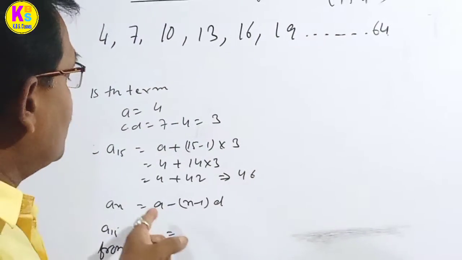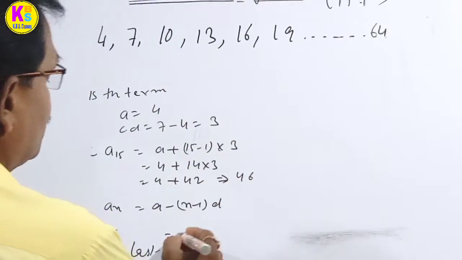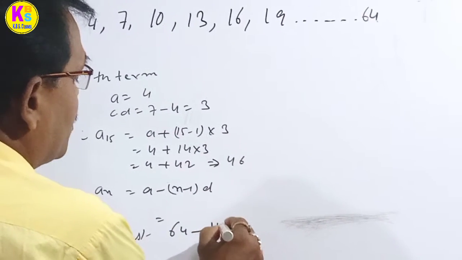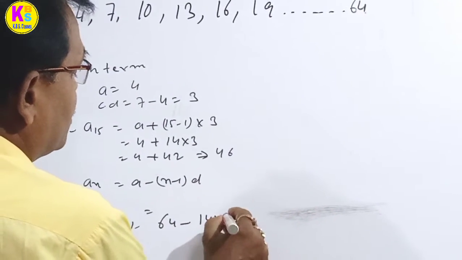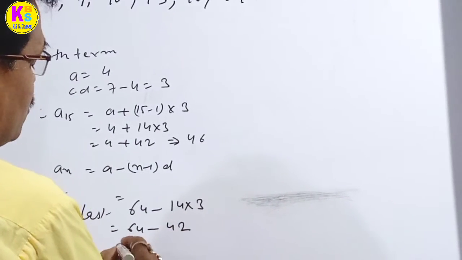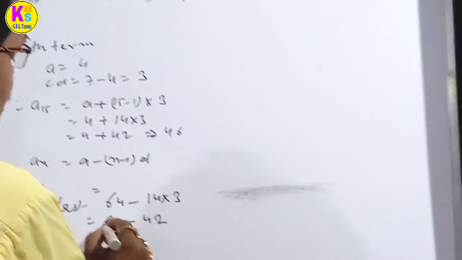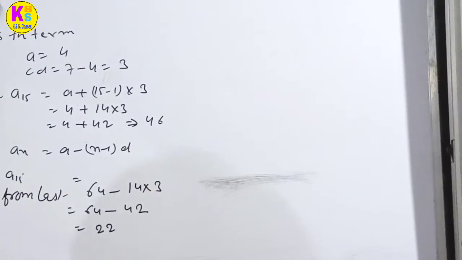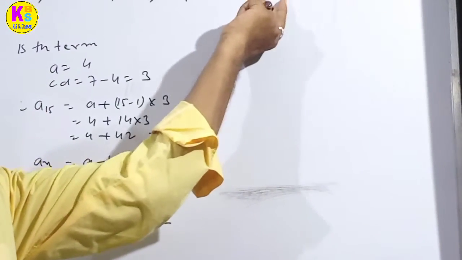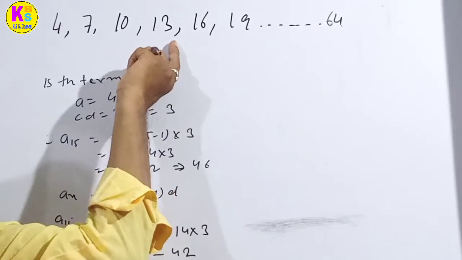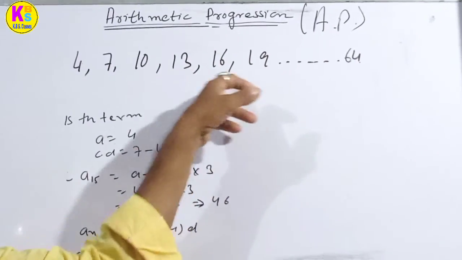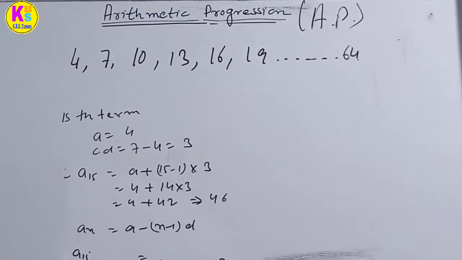Therefore now a is 64. So you can write here 64 minus 14 into d, is equal to 64 minus 42, is equal to 22. So if you come from 64 to the left-hand side, starting from here, at the 15th term you will get 22.